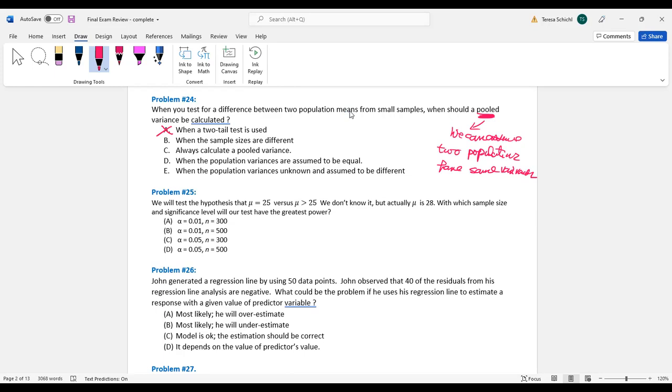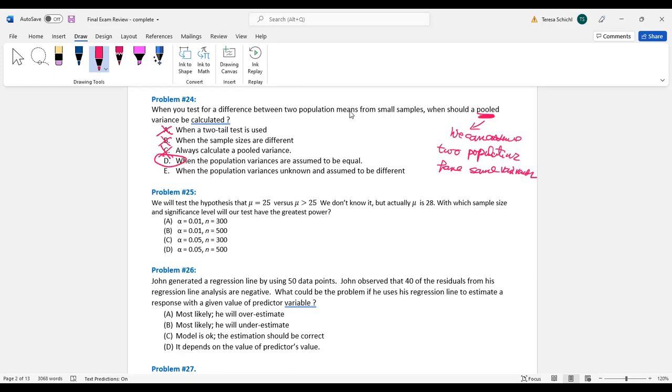When the sample sizes are different, no, that's not the criteria we use to decide whether we're going to use a pooled variance or not. They say always calculate the pooled. No, that's not what we say. Option D says when the population variances are assumed to be equal, this is the condition for the pooled. We assume these two populations have the same variances here.